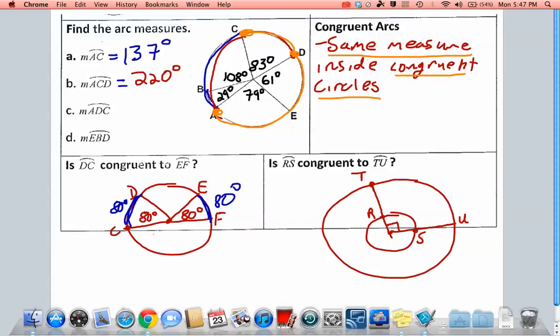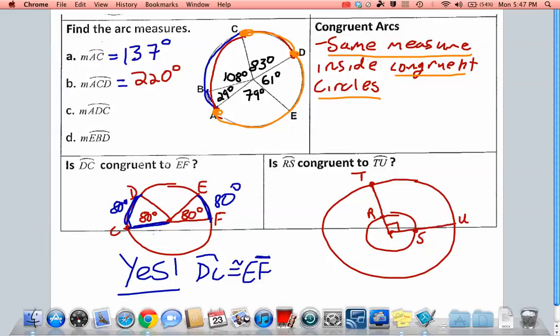Well, it's one circle and it has one radius, so yeah, sure, right? So this one would be yes. Okay? Yes, those arcs are congruent. Yes, DC is congruent to EF.